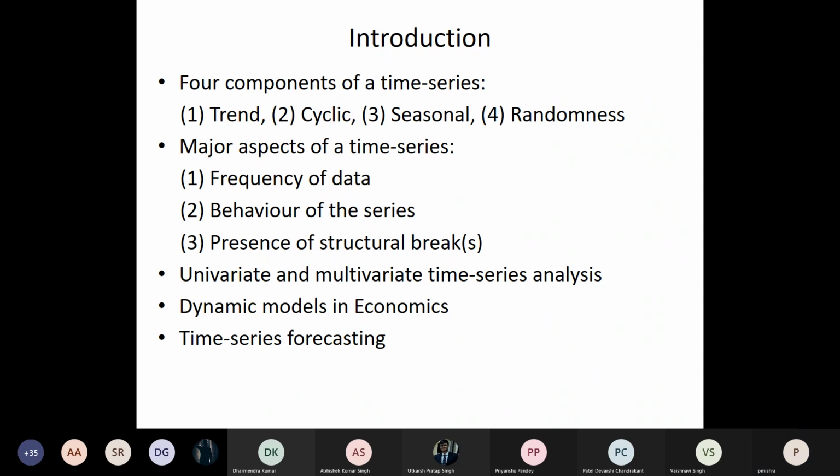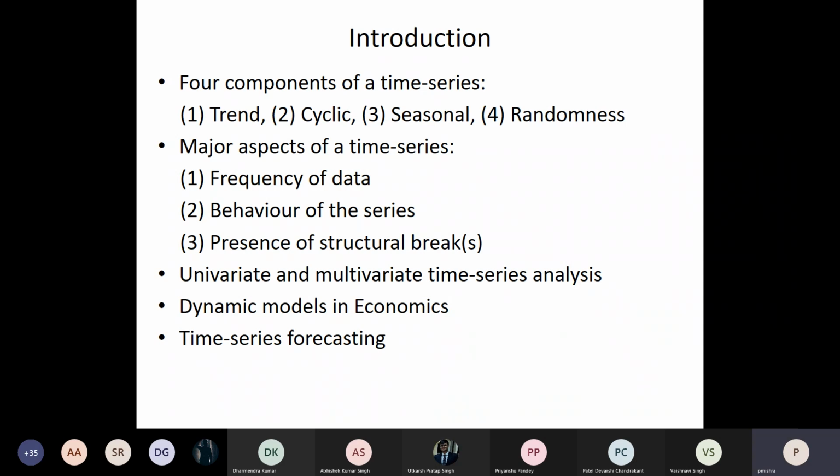Because one is continuity in various factors, that is one part. And second part is basically the non-instantaneous impact of many of the variables. So it may so happen that Ct is not exactly a function of Yt, means consumption in year T is not exactly a function of income in year T, but it may be a function of income in year T minus 1, with a lag.